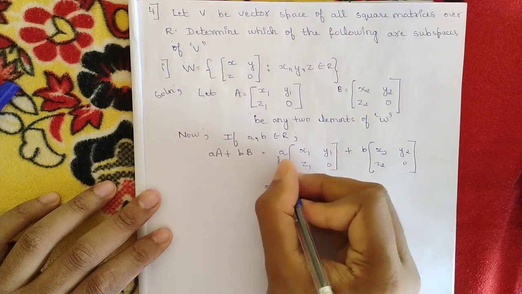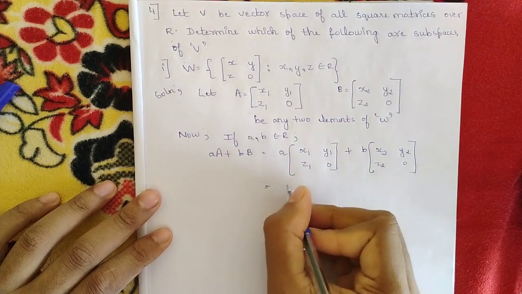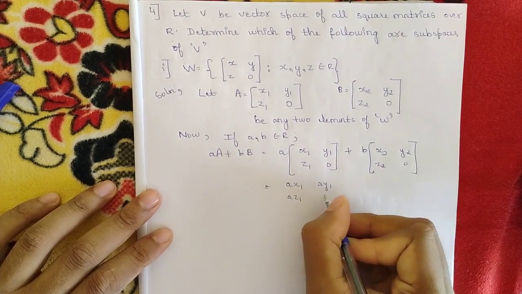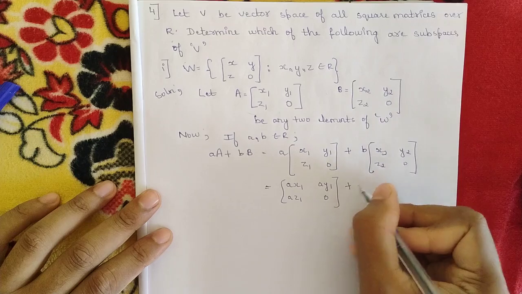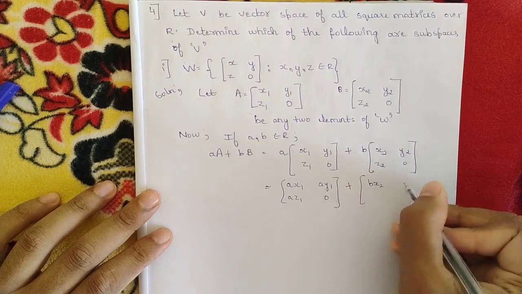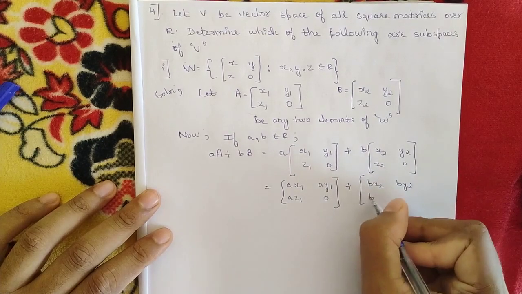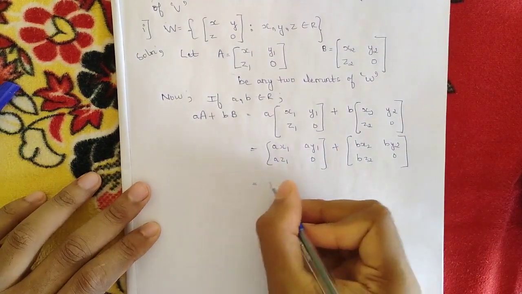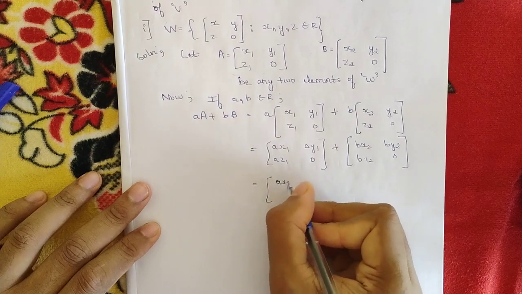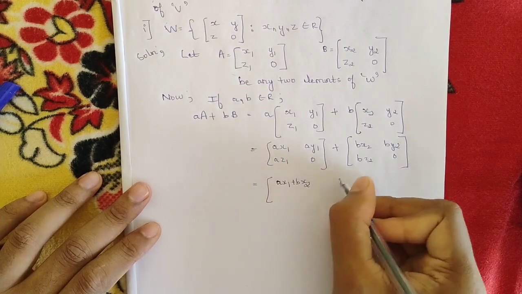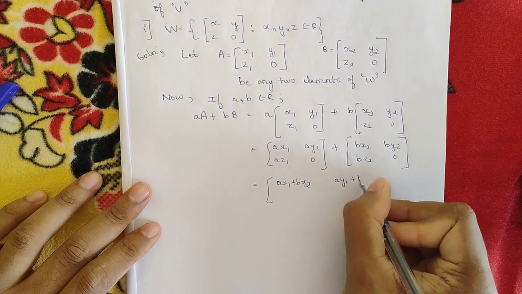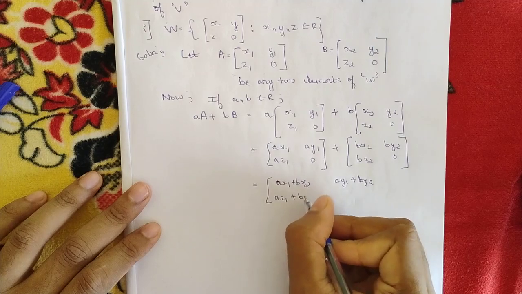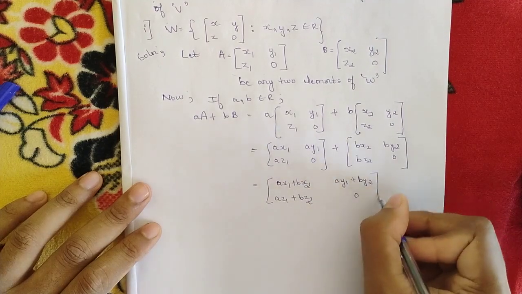After multiplying a with all the terms, you would get ax1, ay1, az1, 0 plus bx2, by2, bz2, 0. Now add these two matrices, so you would get ax1 plus bx2, ay1 plus by2, az1 plus bz2, equal to 0.